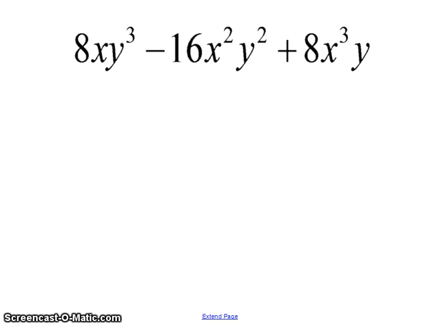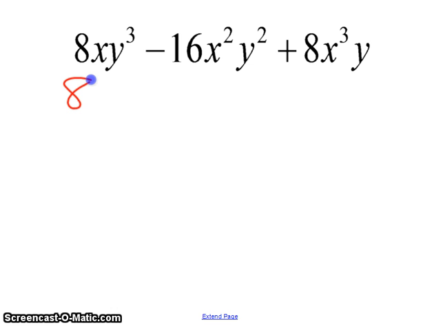All right, so the coefficient, 8, 16, 8. What's the greatest common factor? The largest number that divides into 8, 16, and 8 is 8. Okay, is there an x in each term? Yes. What's the smallest exponent for x? 1.